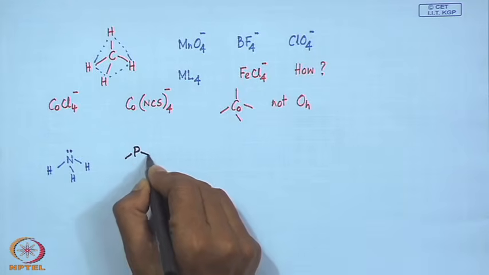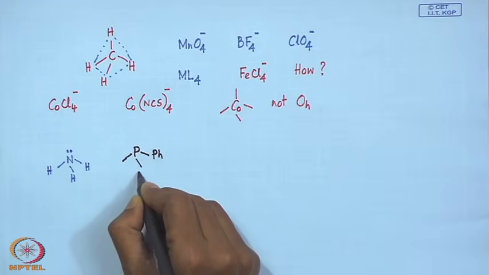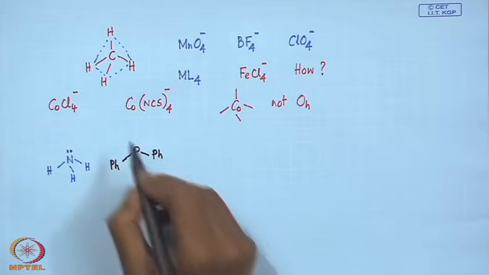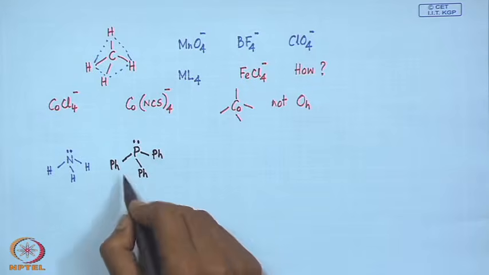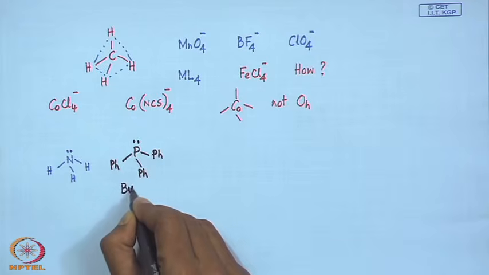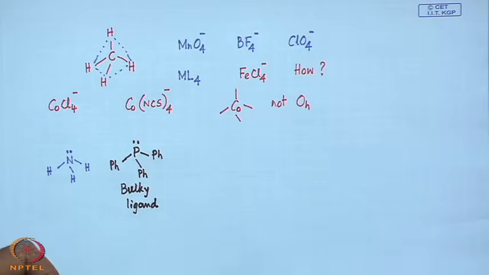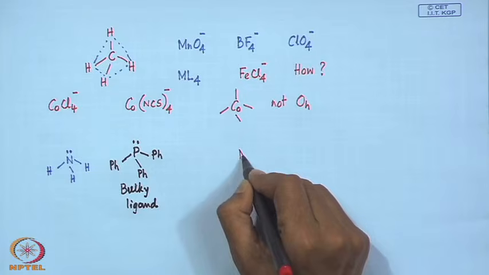Similarly, if we use the phosphine center with 3 bulky phenyl rings, these are bulky phenyl rings. So, it is a very bulky ligand, and this bulky ligand is very useful when it is binding to the metal center.